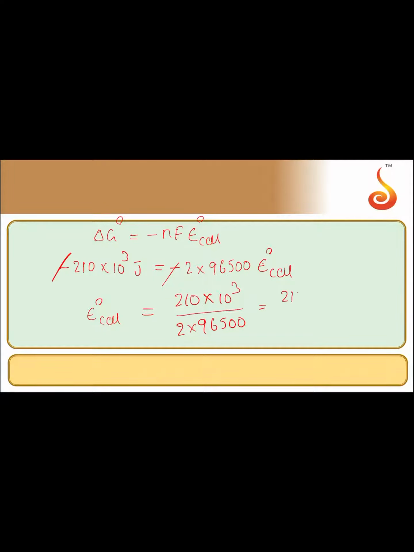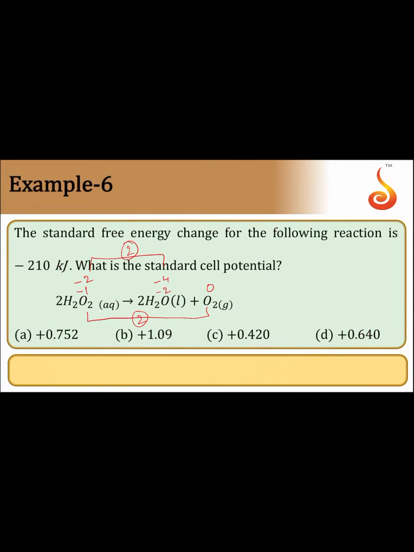Then 210 into 10 power 3 by 193,000. We can cancel 10 power 3, and 210 by 193 will give 1.088 volts. We can write this as 1.09 volts. So the answer is plus 1.09 volts, option B.